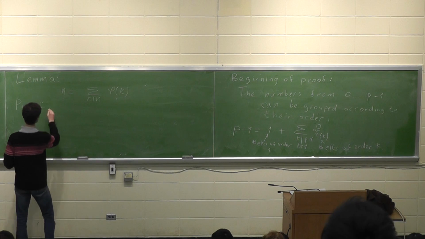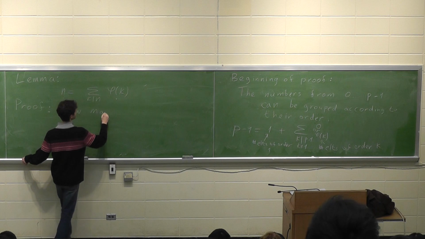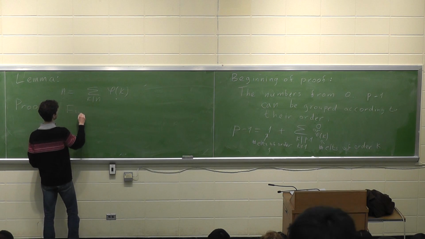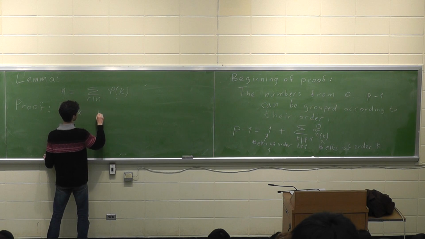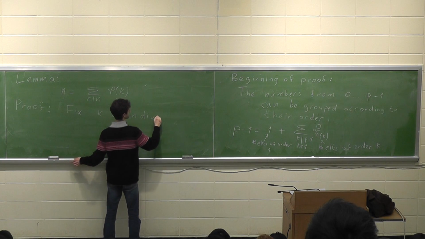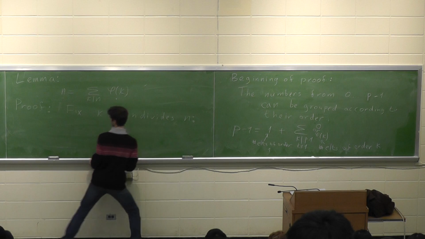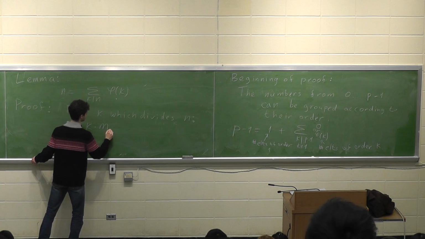So the question is, fix k which divides n. I can write n as k times m.